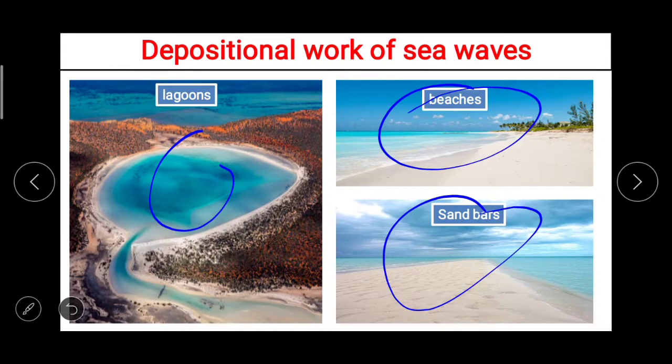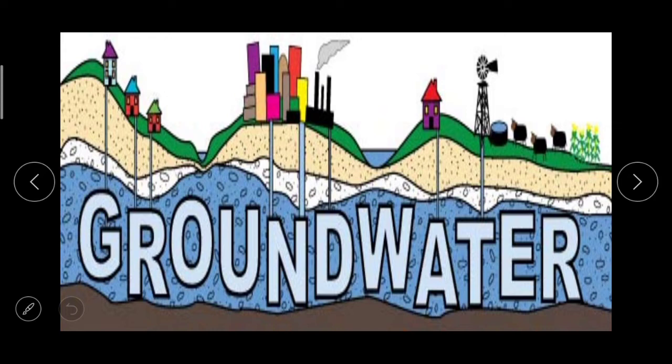And now the next thing and the last from this topic, work of groundwater and landforms produced. The rainwater seeps below the earth's surface through porous rocks or cracks in the rocks, and this water accumulates in the non-porous layer of the rock.